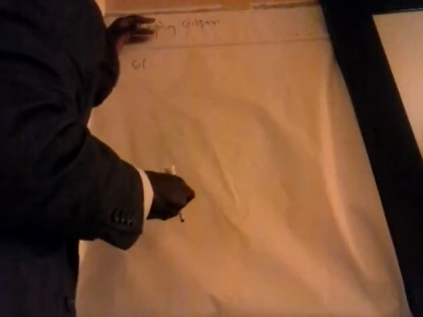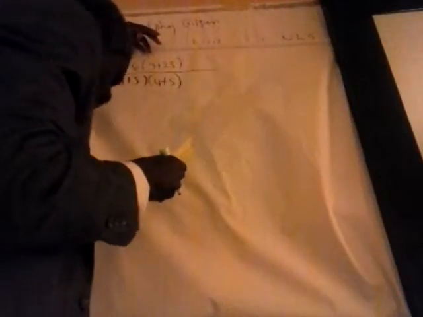So we say now that the function now is 6 into 3 plus 2s over 1 plus s into 4 plus s into 2 plus s.